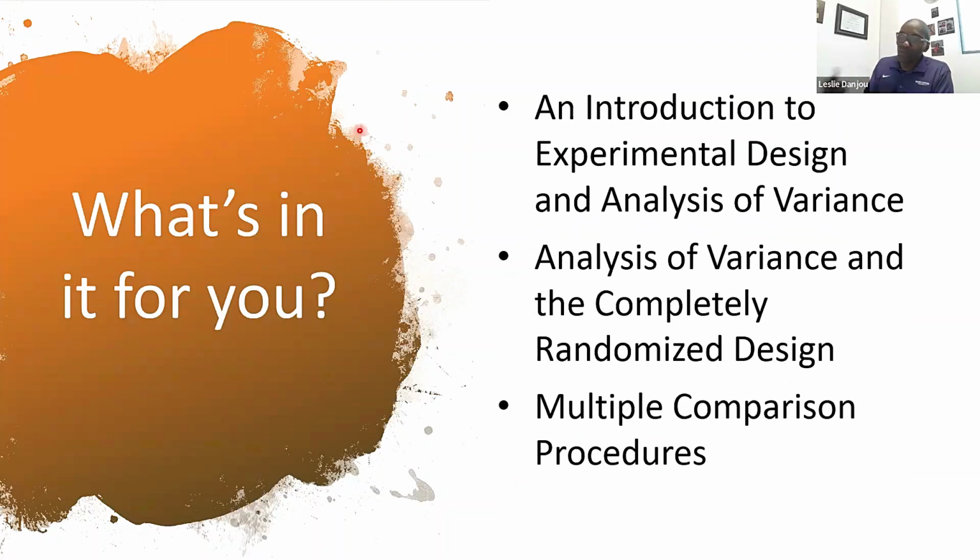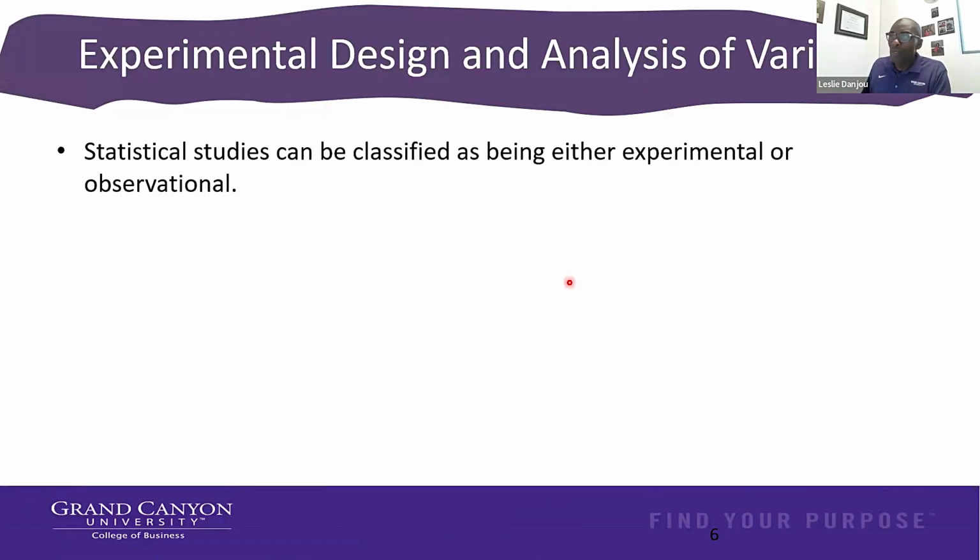All right. So what will we learn today? We're going to learn all these things right here. But for the most part, experimental designs and analysis of variance. All right. So statistical studies can be classified as being either experimental or observational. Some kind of test, some kind of observation.